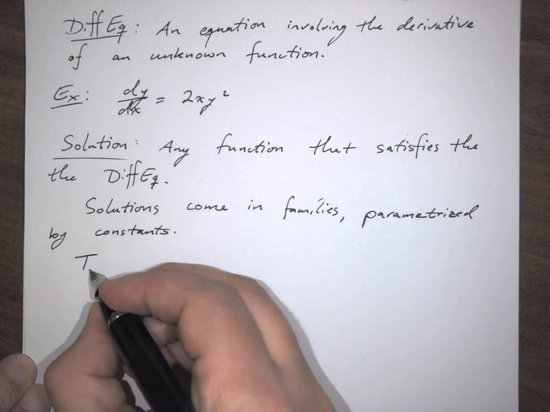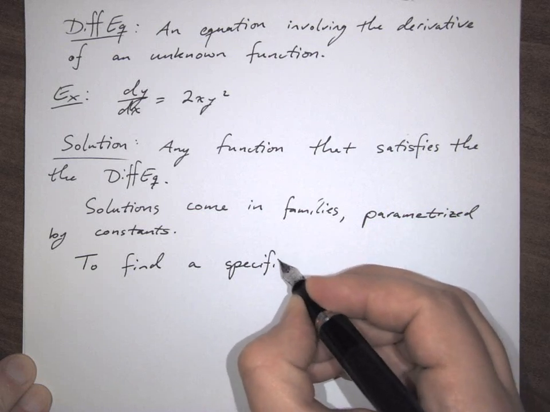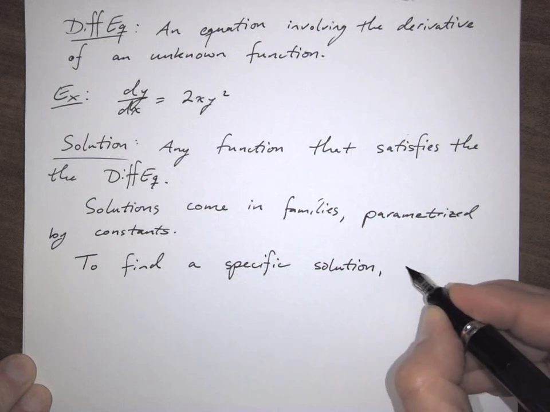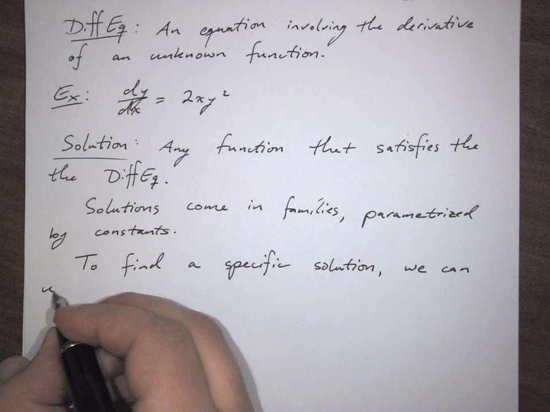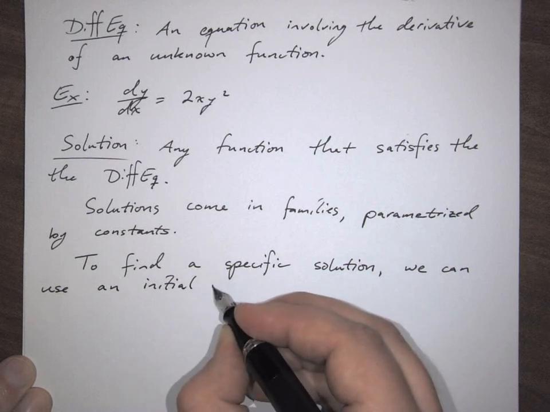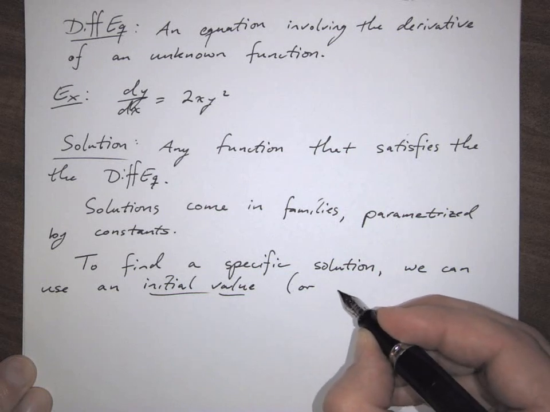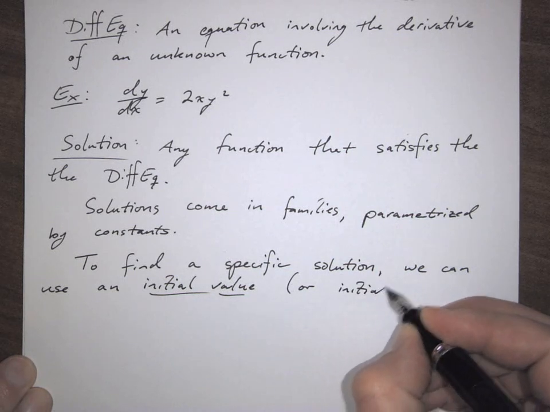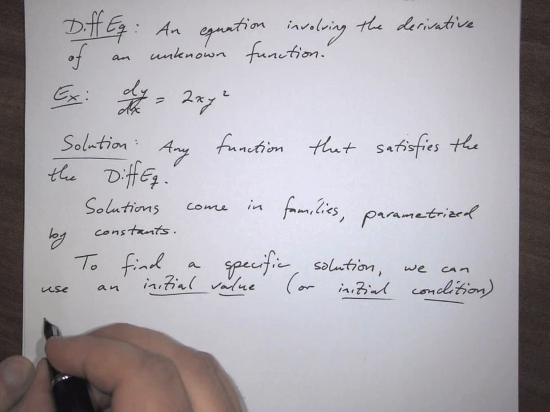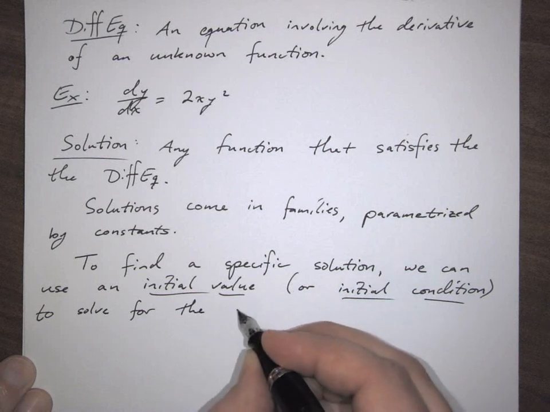So, to find a specific solution, we can use an initial value, also known as an initial condition, to solve for the constant.